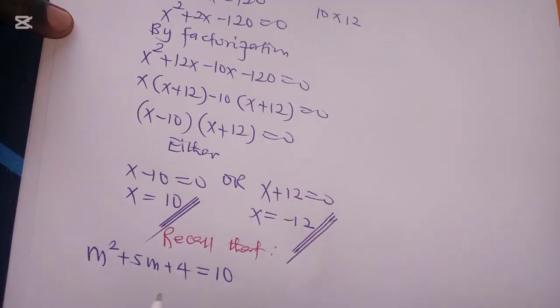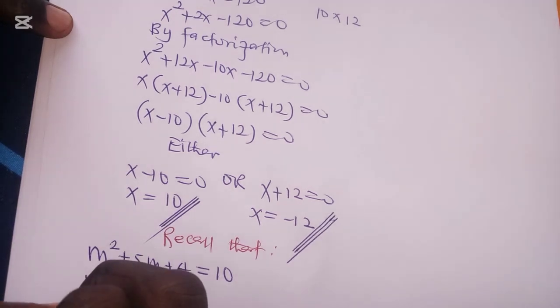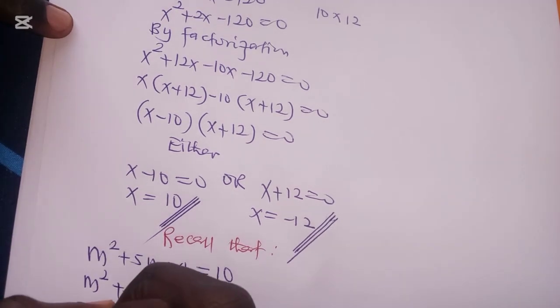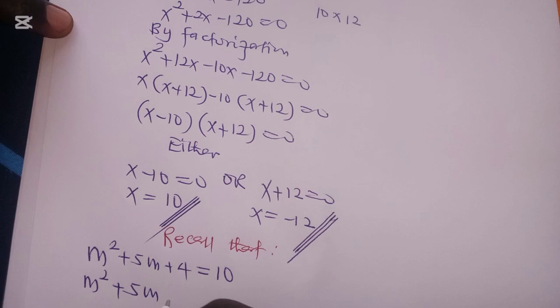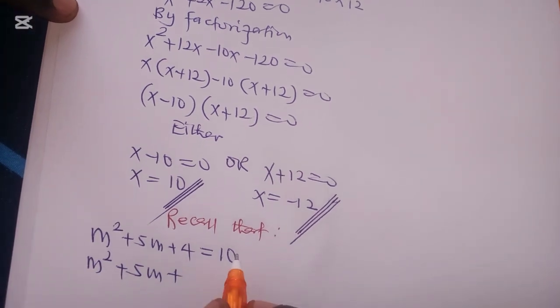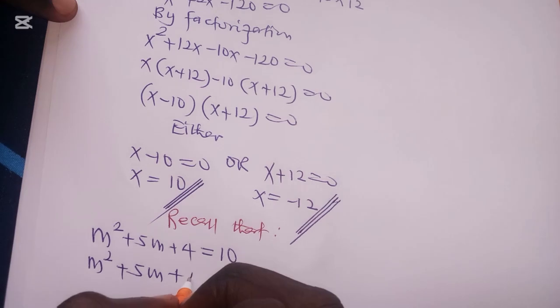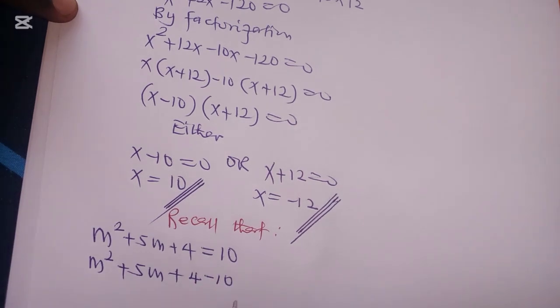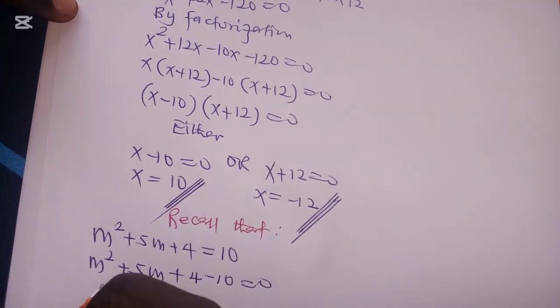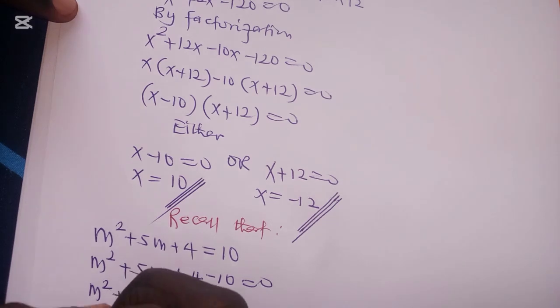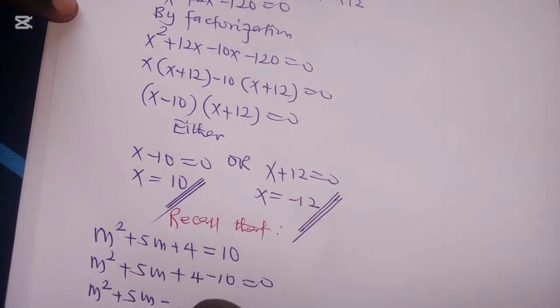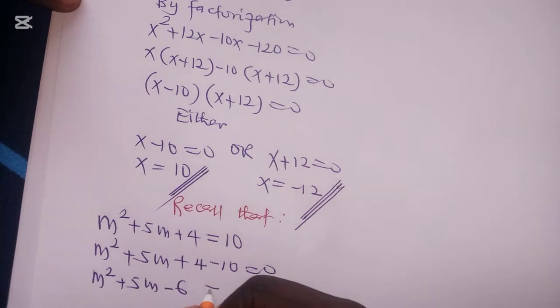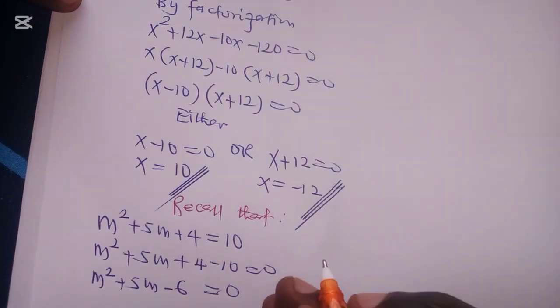If you arrange this, you are going to have m squared plus 5m plus, when this 10 is moved here, 4 minus 10 equals 0. Now we have m squared plus 5m minus 6, and everything becomes 0. This is the first one that we substituted.